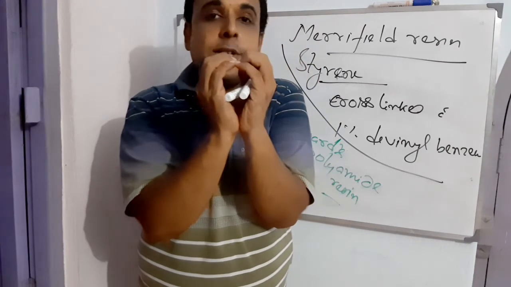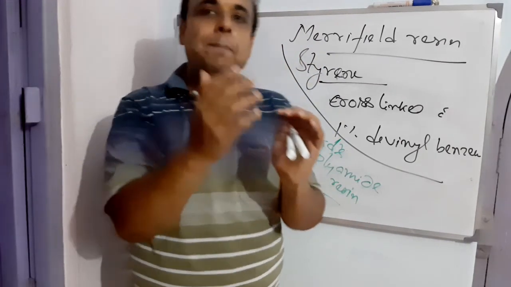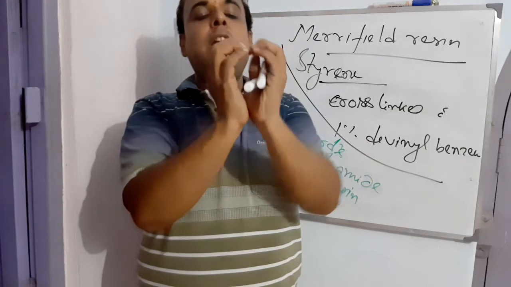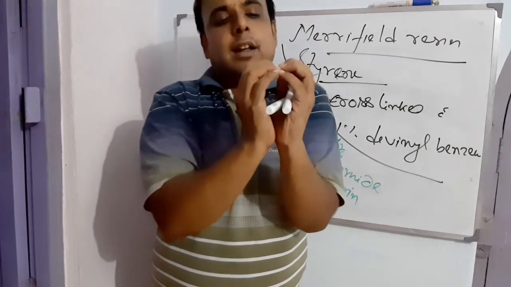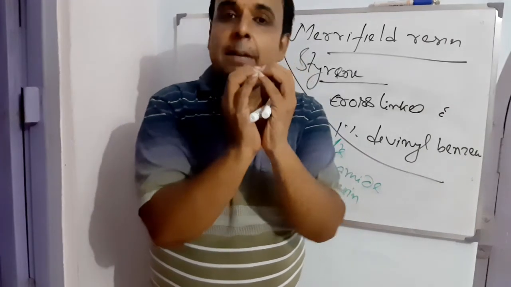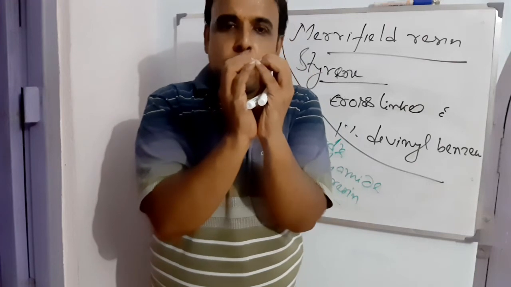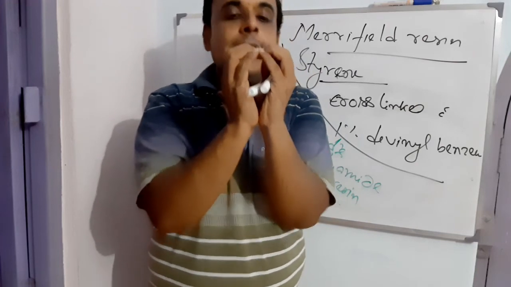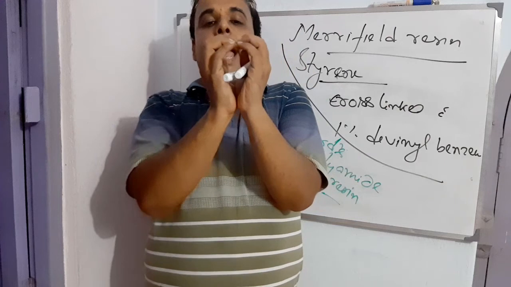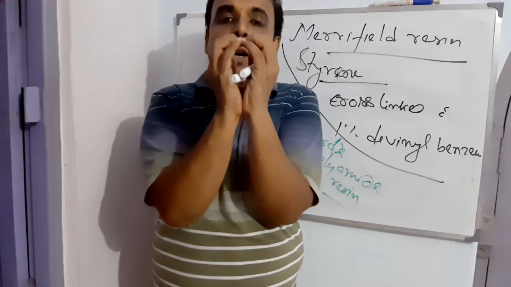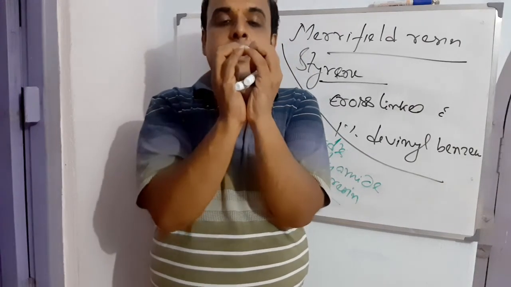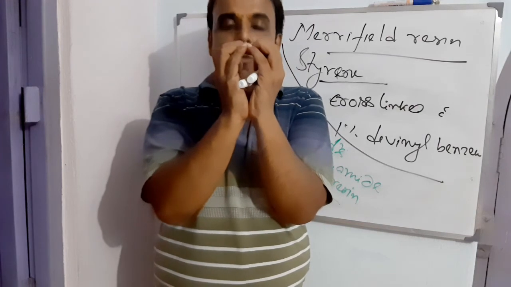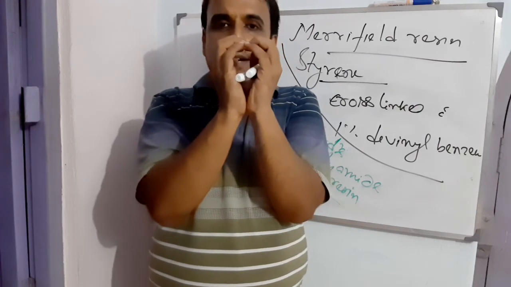What happens? Suppose you are in the process of making a nonapeptide, and you observe this phenomenon when you are at the stage of pentapeptide. That means few more amino acids have to be incorporated. Now the problem is that as a result of this hydrogen bonding, it will no more accept any further amino acid. Why? Because hydrogen bonding has taken place.